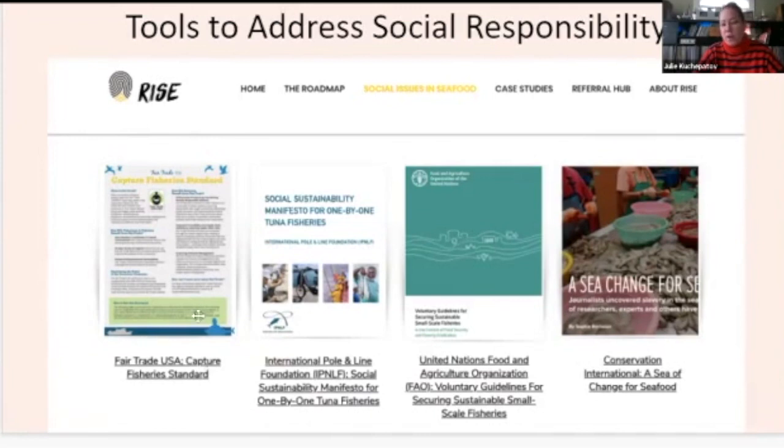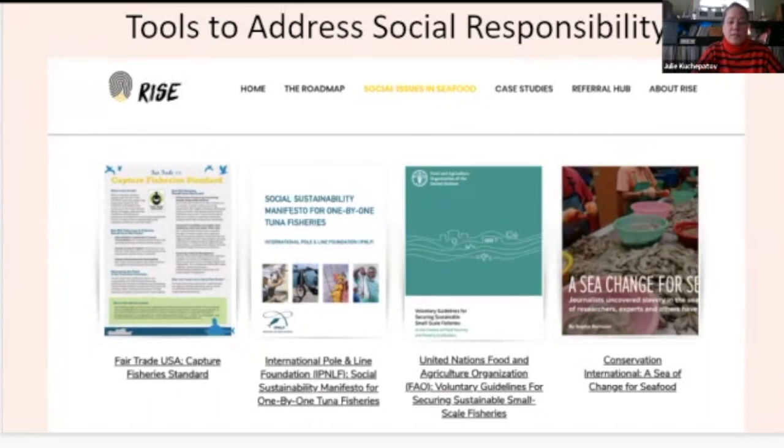Fair Trade USA, where I came from prior to SAGE, does have some gender criteria, and there are some other tools about social responsibility specifically. The majority of the tools, I must say, focus on solving the human rights issues, specifically slave labor, child labor, forced labor. That's the real focus so far on egregious human rights.